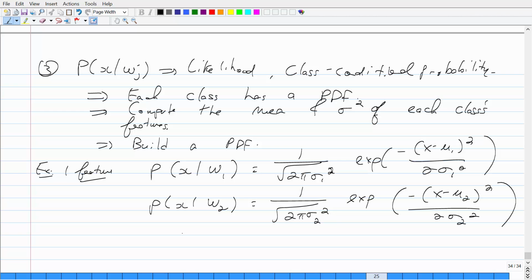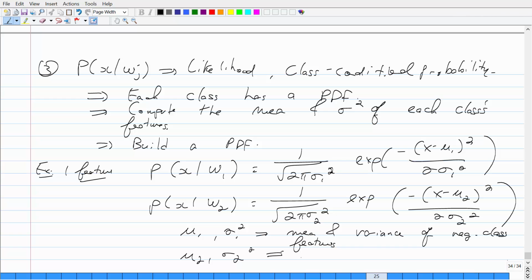So mu1, sigma1 are the mean and variance of the negative class features, and similarly the same thing for the positive class.